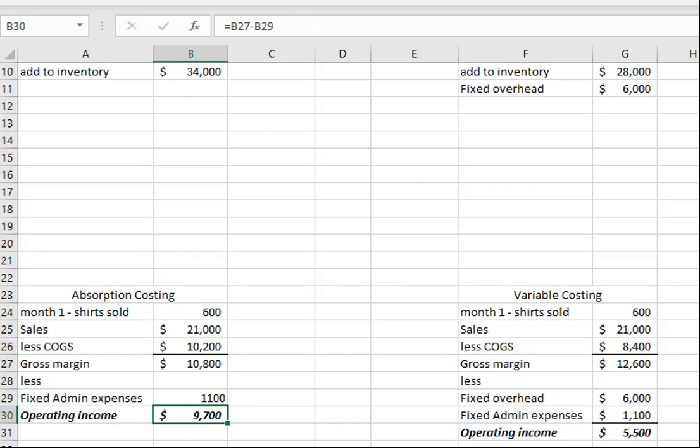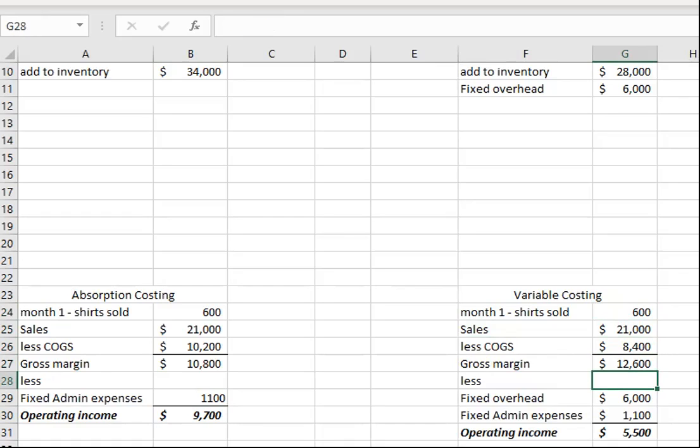Now, under the variable costing method, we had the 600 shirts, which is sales of $21,000. The cost of goods sold was only $8,400, because the 600 shirts had a cost of $14 a piece. So this leaves us with a gross margin of $12,600.